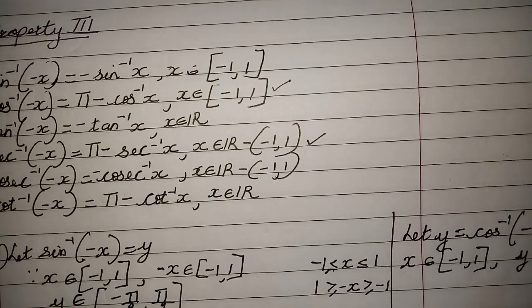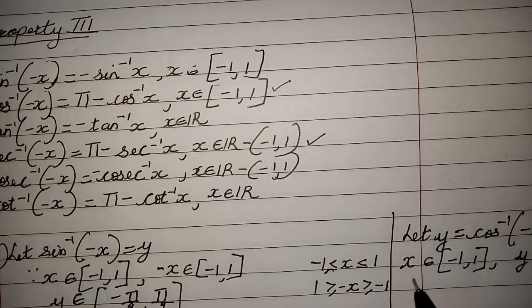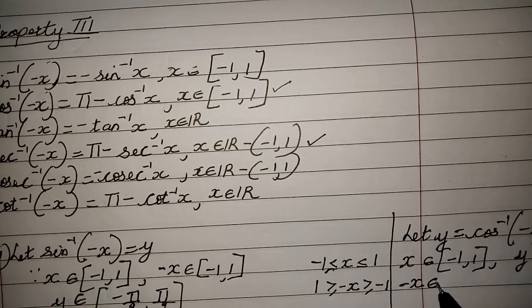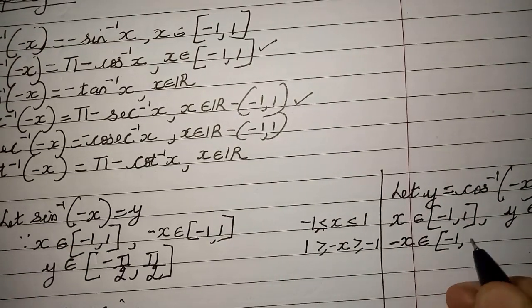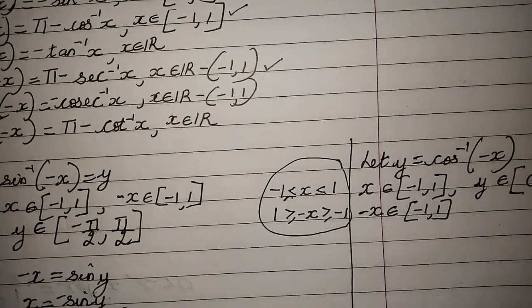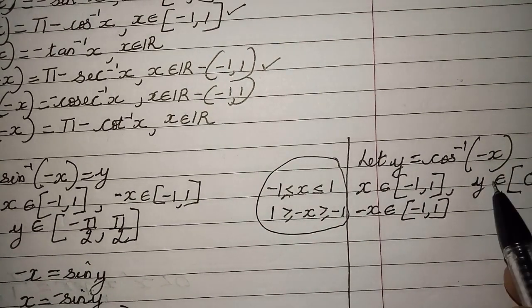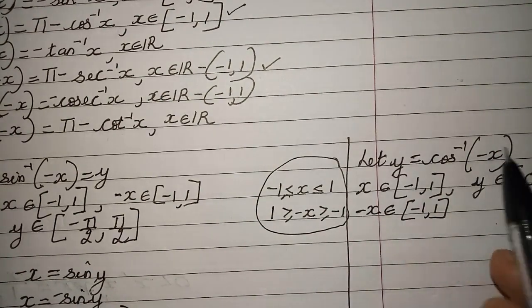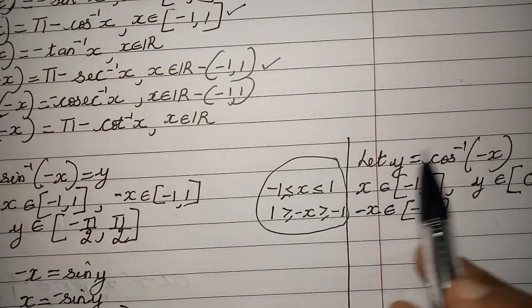Why am I writing this? Because if x belongs to the closed interval minus 1 to 1, minus x also belongs to the closed interval minus 1 to 1. Just now I have shown you this trick. So I have guaranteed that cos and cos inverse can move here and there.